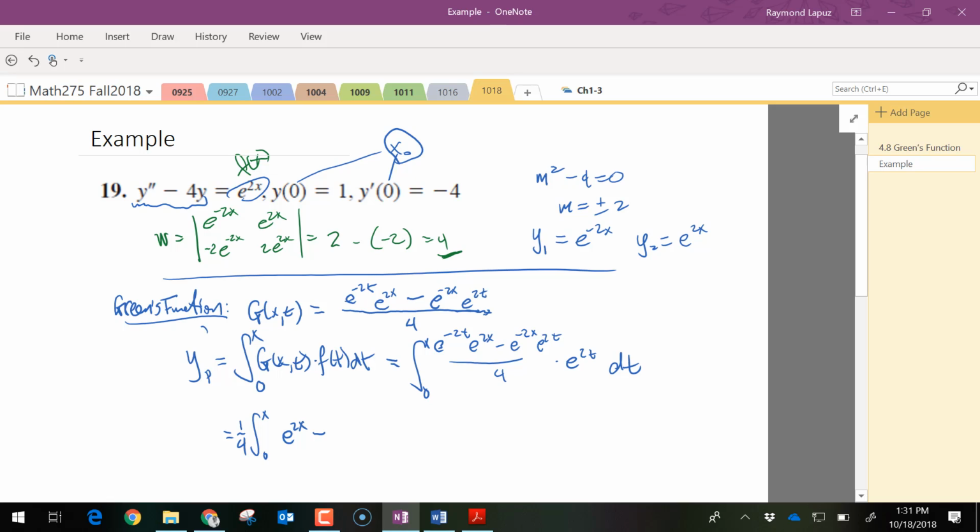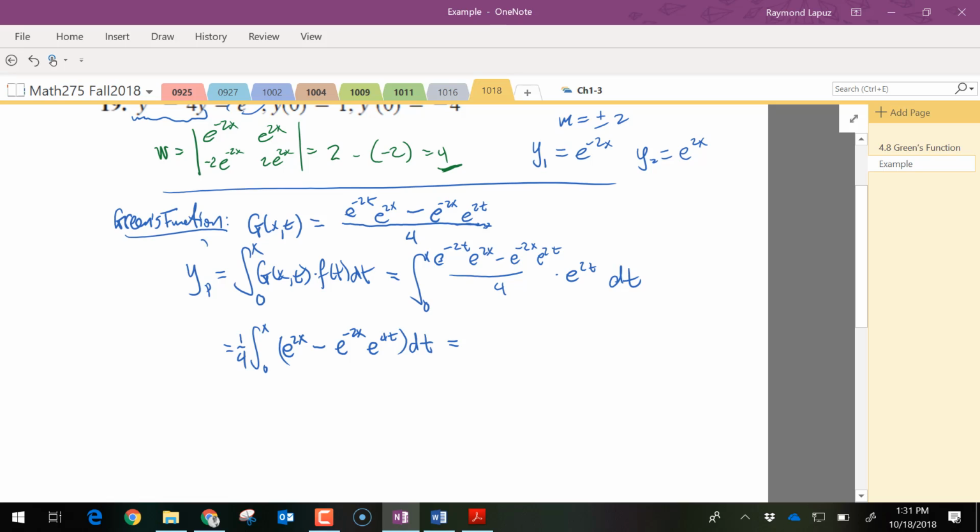minus e to the negative 2x times e to the 4t. And then we integrate with respect to t, treating things with an x as if they were constant.